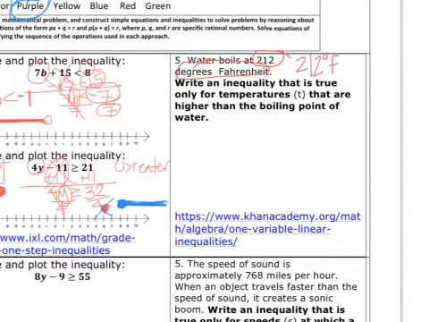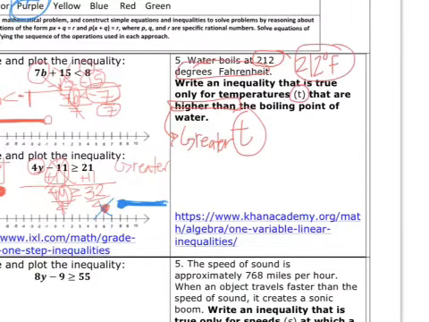The directions state, write an inequality that is true only for temperatures T that are higher than the boiling point of water. So higher than can be connected to greater than. And they're giving us our variable, which is T. And they told us that our boiling point of water is 212 degrees Fahrenheit.